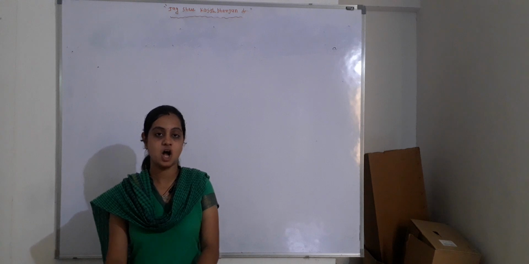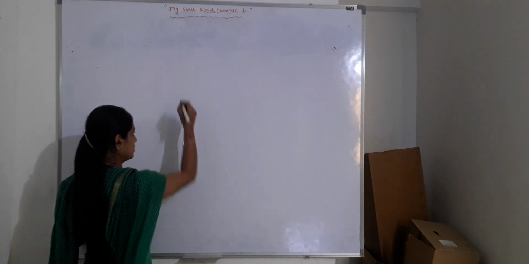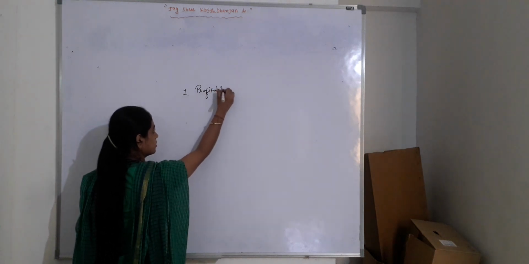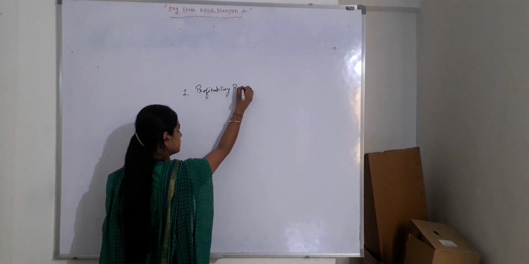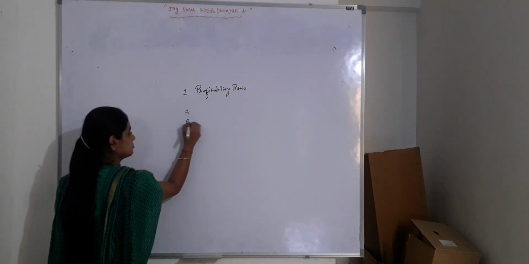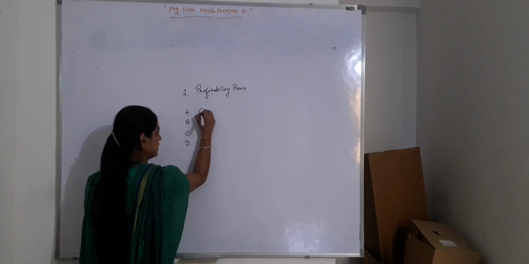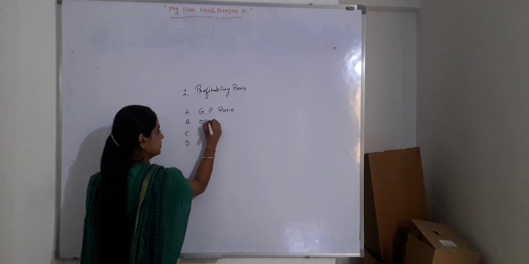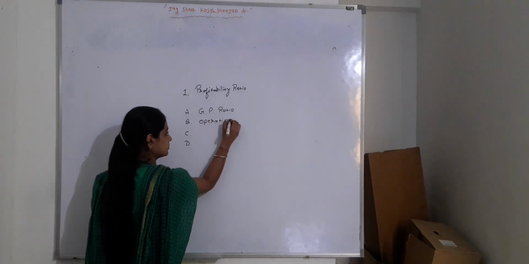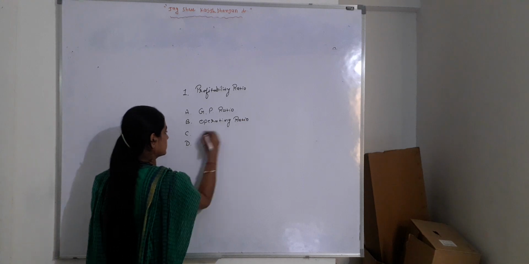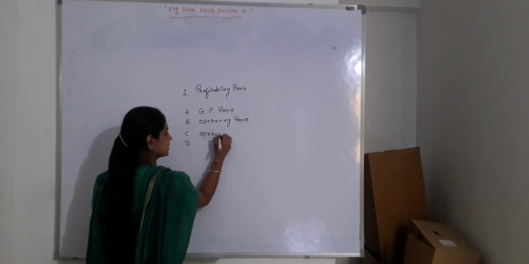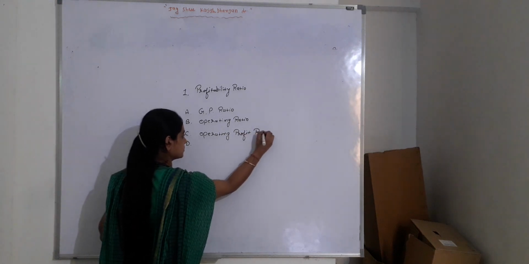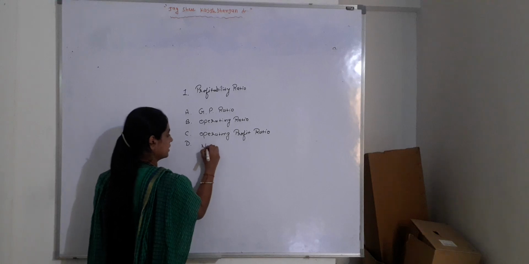We have discussed all the profitability ratios, right? In that we have discussed A, B, C, D. A was gross profit ratio, then operating ratio, then operating profit ratio, and last net profit ratio.